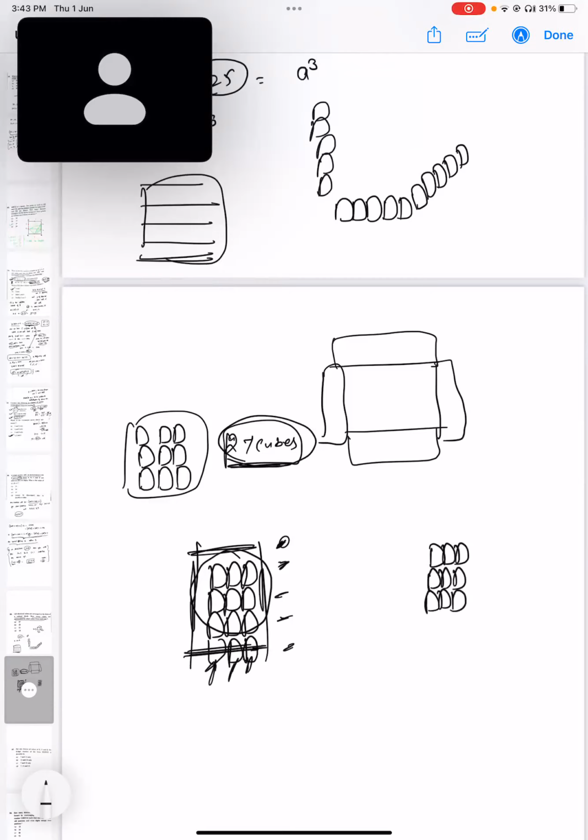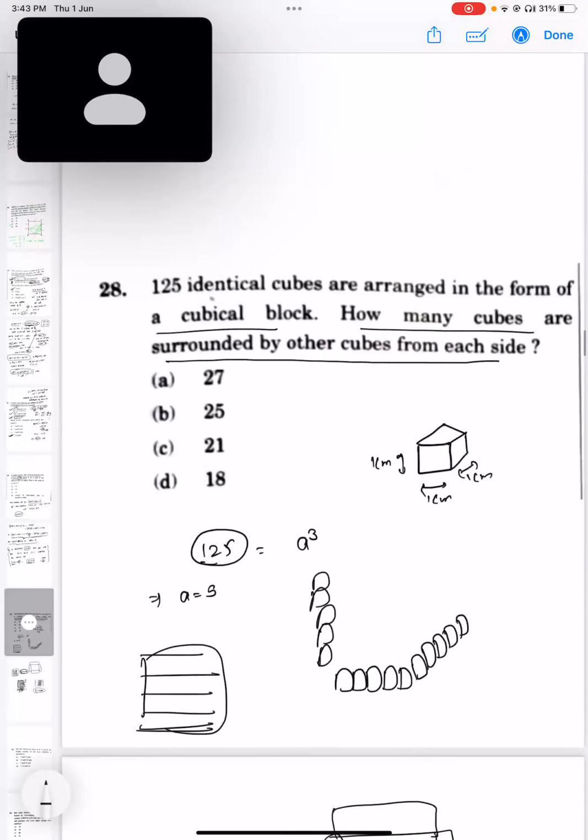Those are 27 cubes which will be surrounded by other cubes at each level, right? So in total we will have 27 cubes. Fine. So the answer for question number 28 will be 27, the number of cubes surrounded by other cubes from each side.